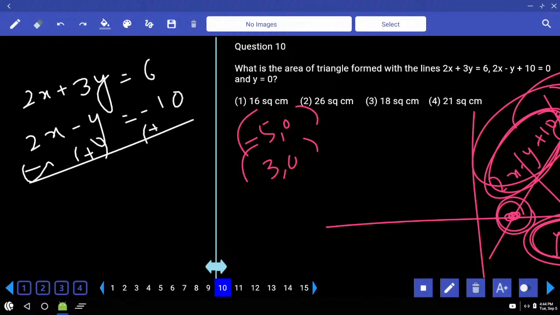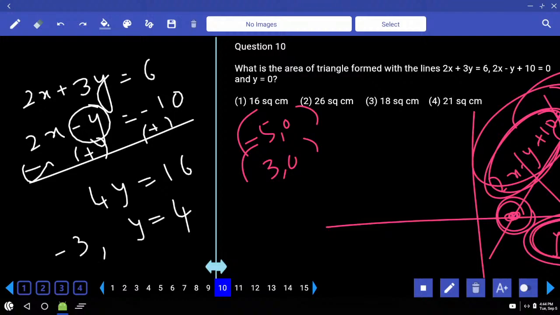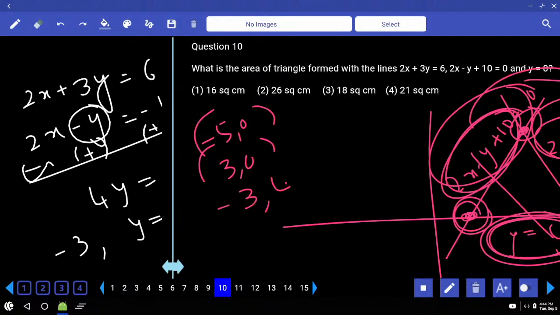Subtracting, 4y equal to 16. Y equal to 4. If y equal to 4, substitute here, x will be minus 3, isn't it? Minus 3 comma 4.